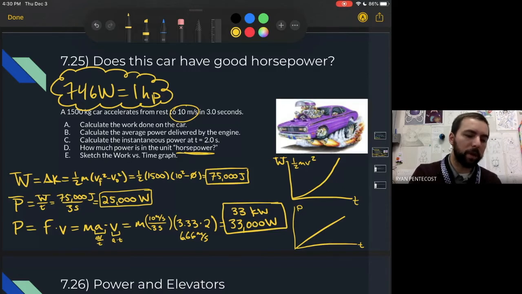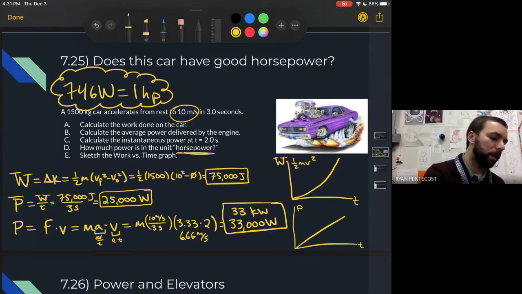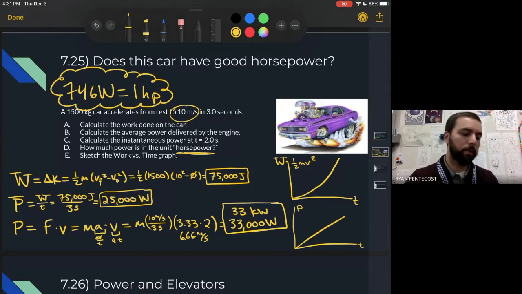Now, if we wanted to find the horsepower of this engine, does this car have good horsepower? That was the question. So let's look at that. What we could do is take those watts and divide them by 746 to get horsepower.